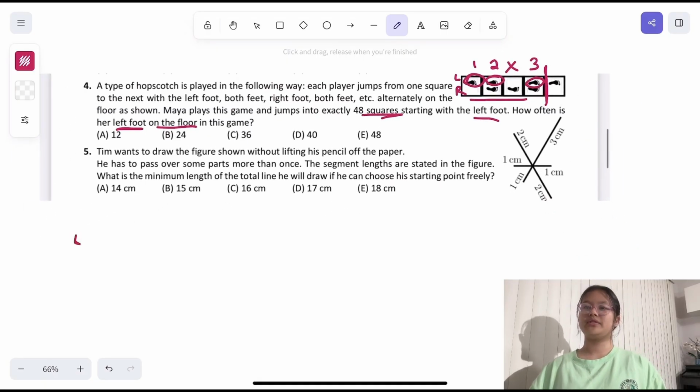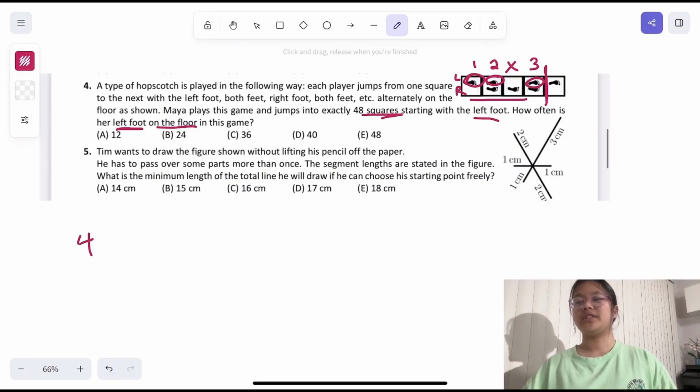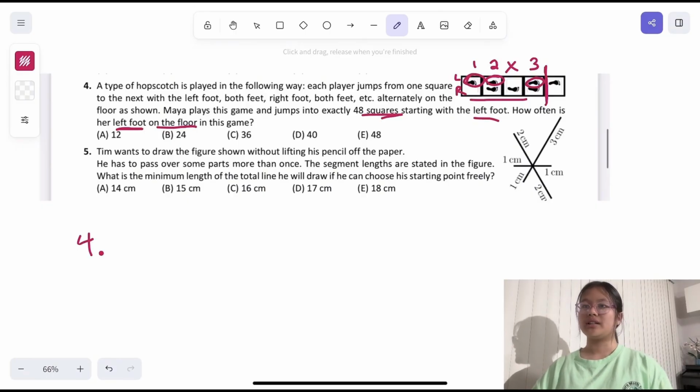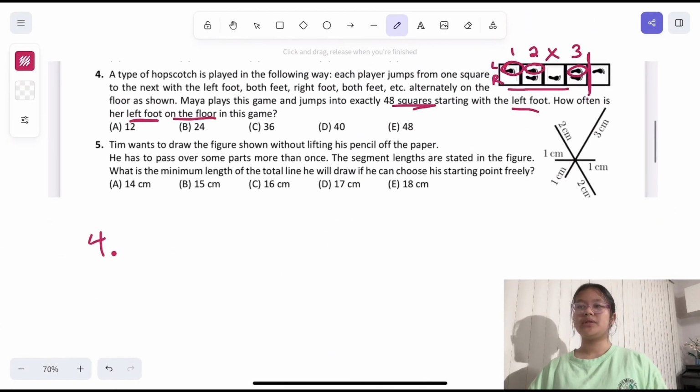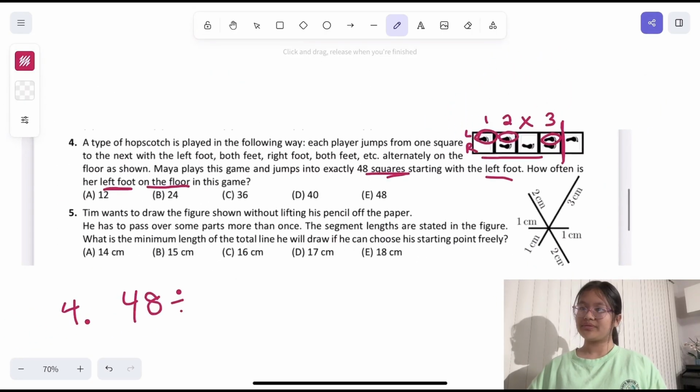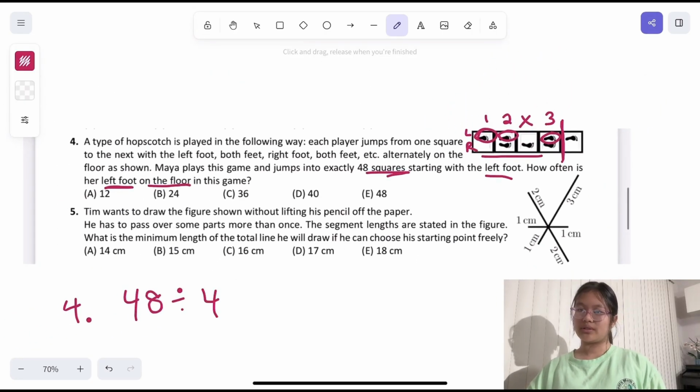For the work for number 4, we can find how many squares she is going to jump through for the pattern. So we do 48 divided by 4. That's 12.